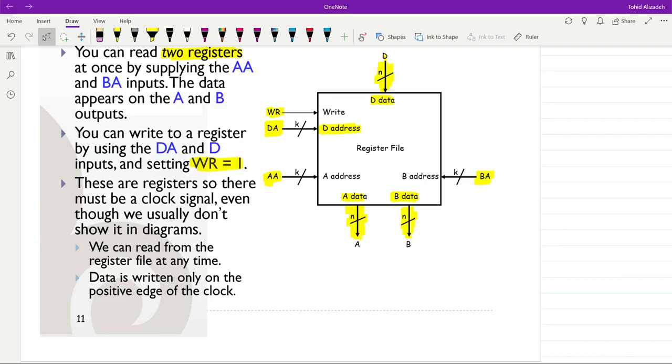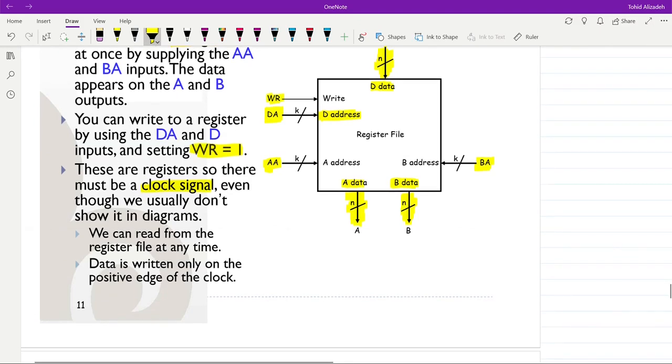And you should also keep in mind that we are dealing with registers. So whatever we have here are the registers inside the register file. So there must be a clock signal, but for simplicity, we haven't shown it. Regarding the reading, we can read from the register file at any time.